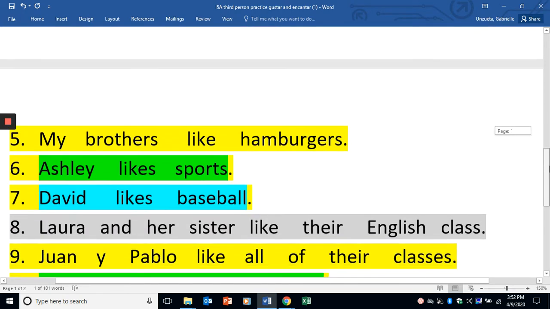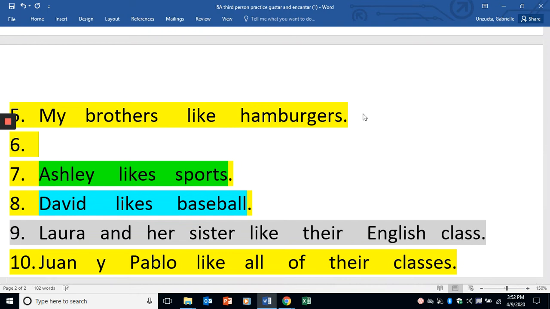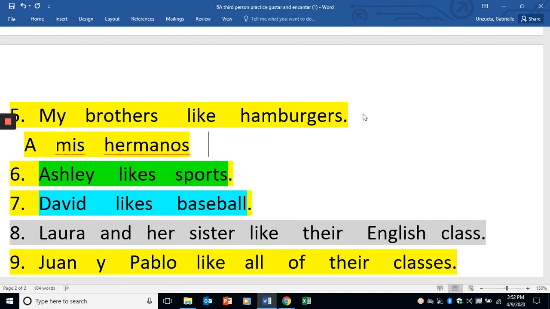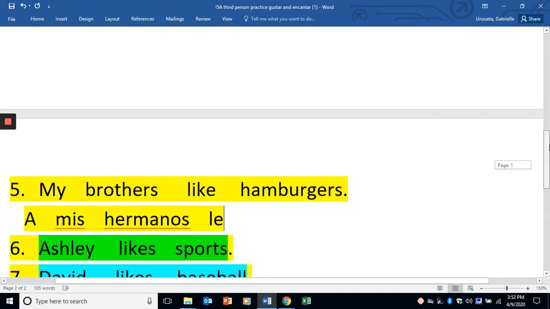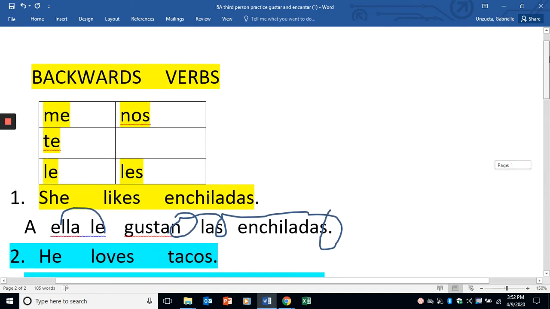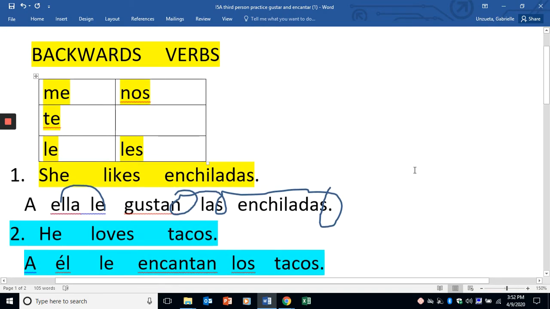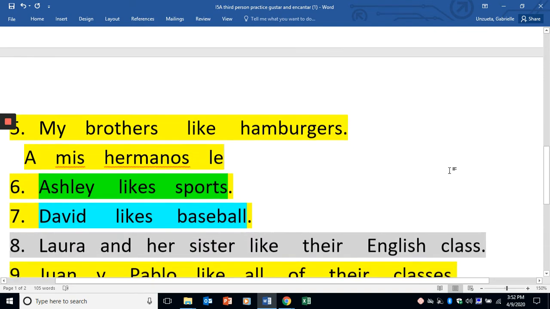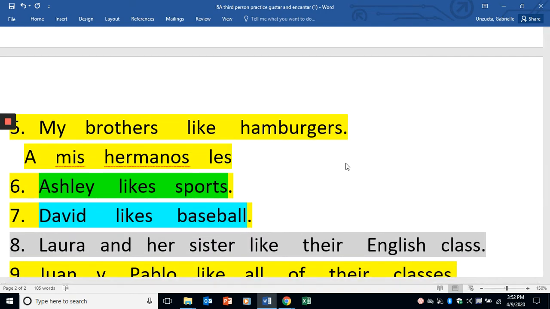All right, let's move on to my brothers like hamburgers. I have two brothers, Kenny and Michael, so I'm going to talk about both of them. Mis hermanos. And now I'm talking about both of them, so that le that we've been using so much is now not le anymore, but rather it's les.